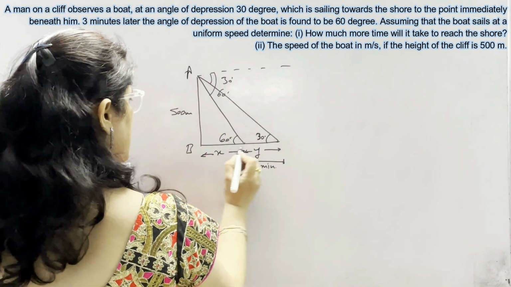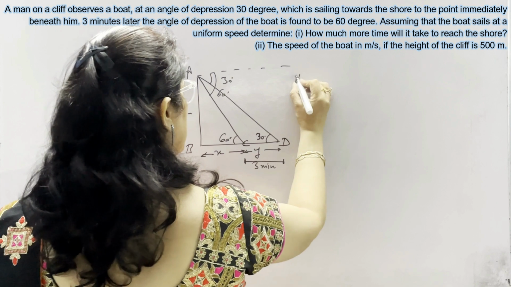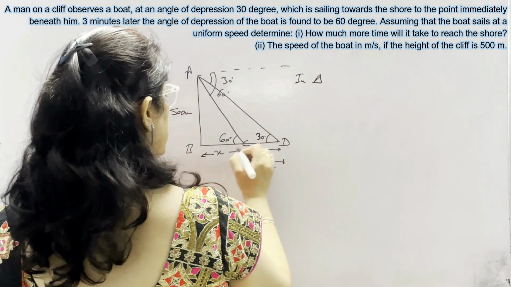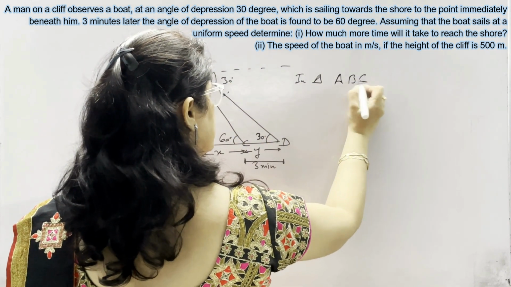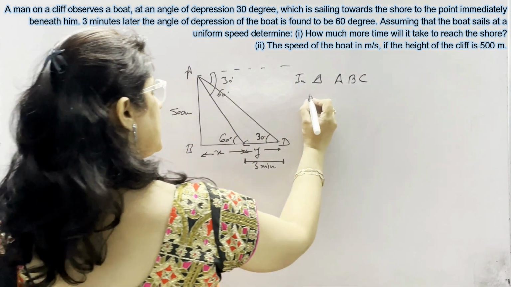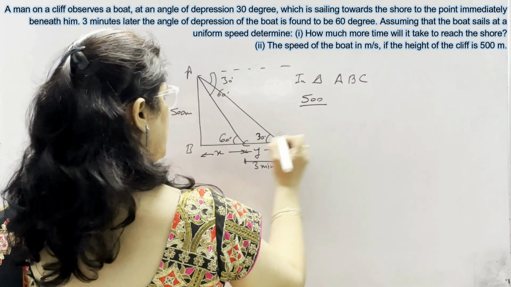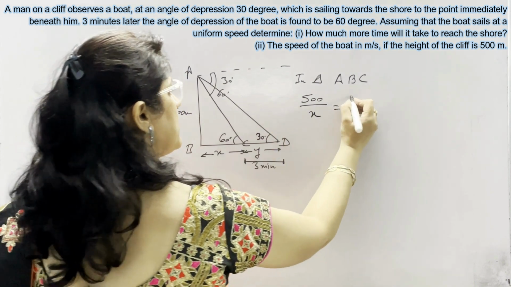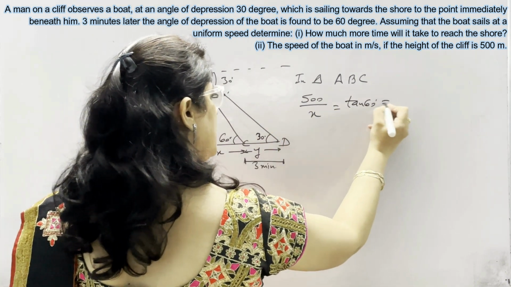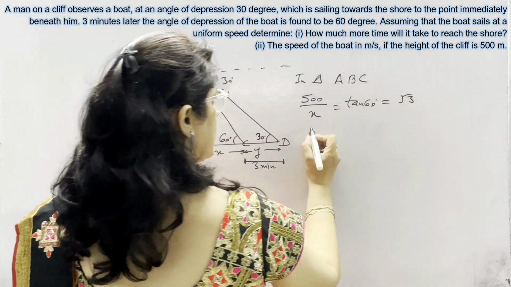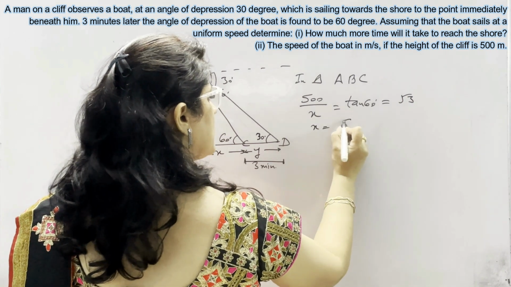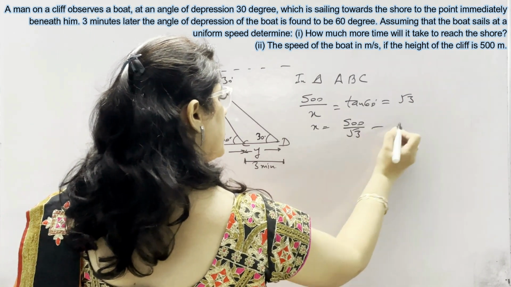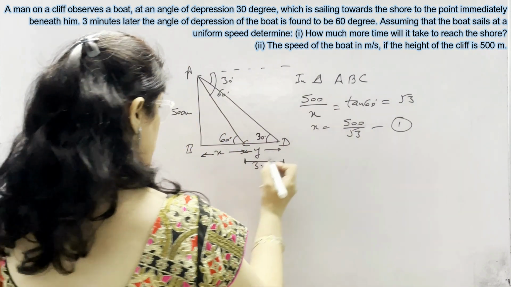A, B, C and D, in triangle ABC, height is given as 500, P upon B is x, P upon B is tan 60, which is under root 3. So value of x is equal to 500 upon under root 3. This is the first equation.